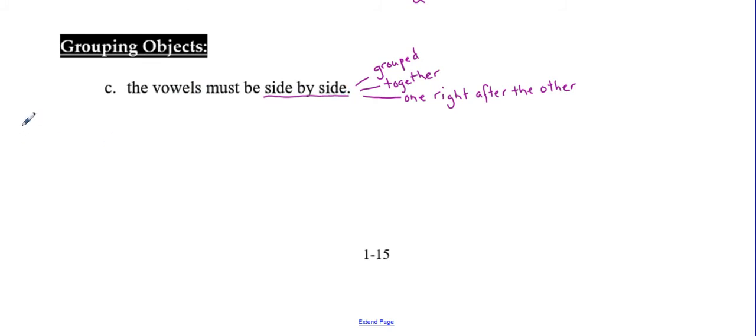So in this question, we have 3 vowels and 6 consonants. And the 3 vowels have to be side by side. The question can also be written as the 3 vowels have to be grouped, the 3 vowels have to be together, or the 3 vowels have to be one right after the other.